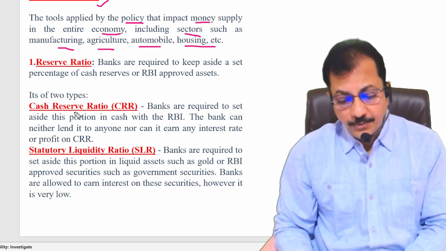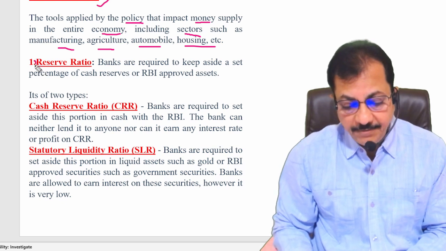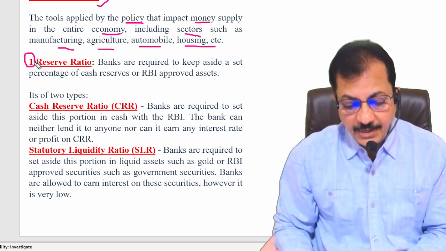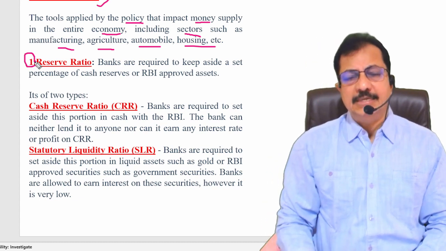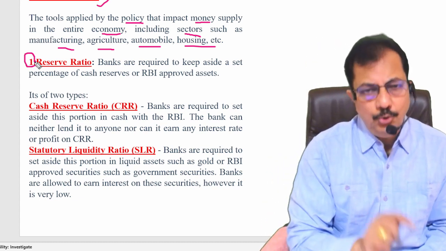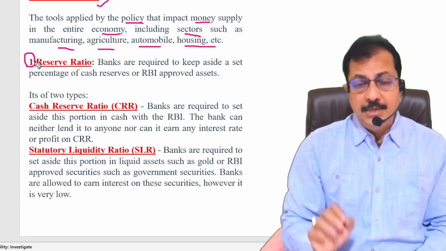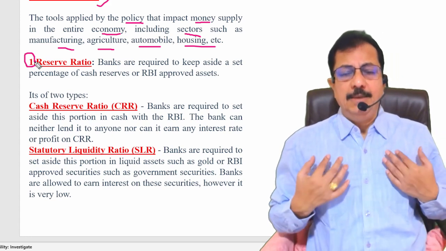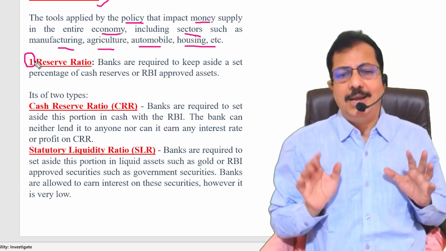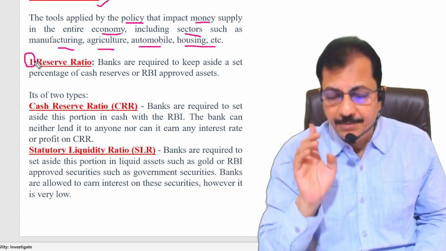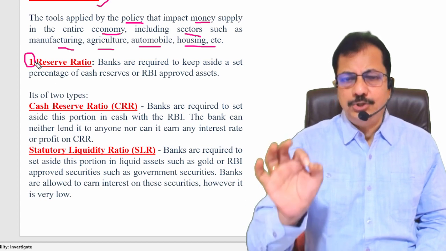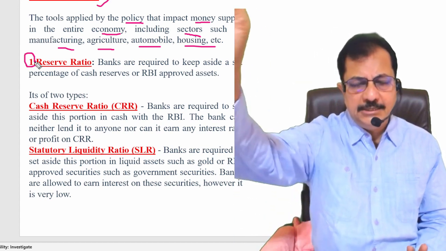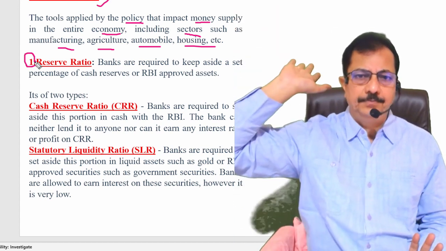For example, if you look at the first one, reserve ratio. This is falling under quantity. What do you mean by this reserve ratio? I told you in the beginning of the class, reserve ratio means, for example, if the bank has got 100 crores with it, the bank cannot send all 100 crores into the market.